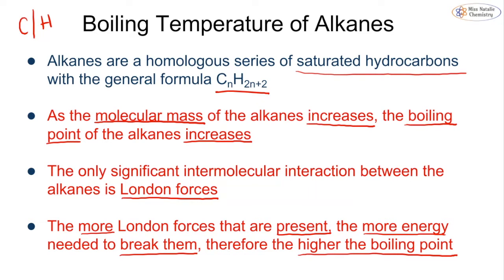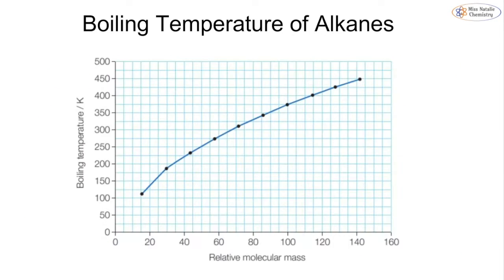So we need to understand why, as we increase the molecular mass, our boiling point increases. So we can see that we have the molecular mass of our alkanes at the bottom here, and you can see the trend is that as we increase, we go from a gas at room temperature up to liquids at room temperature, and so on and so on.